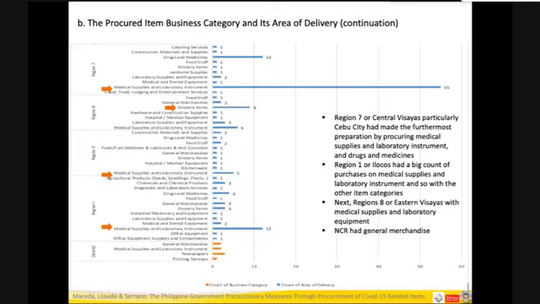So that's why with Region 7 or Central Visayas, particularly Cebu City, had made the furthermost preparation by procuring medical supplies and laboratory instrument and drug and medicines. The Region 1 or Ilocos had a big count of purchases, however, on medical supplies and laboratory instrument, and so with other item categories. The next is Region 8 or the Eastern Visayas with medical supplies and laboratory equipment, and NCR had general merchandise.